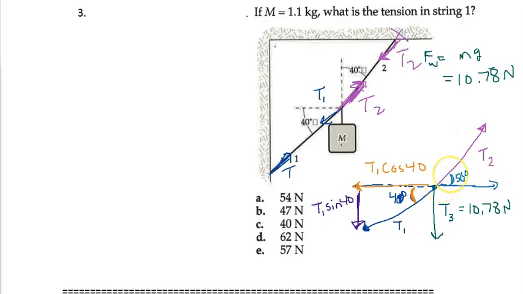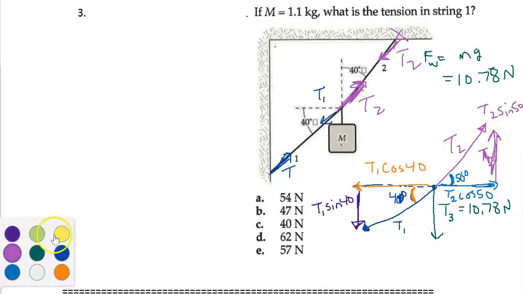And now the angle definition 50 is closer to this side, so that is your cosine. This whole vertical leg is T2 sine of 50.